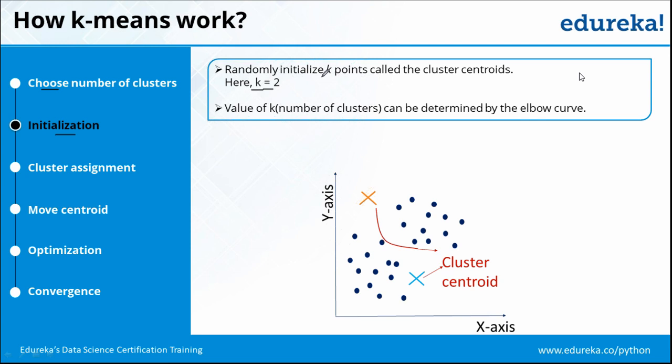If the value of k is 2, meaning I have to form 2 clusters, then the first thing I will do is take 2 random points, right? Take 2 random places in my coordinate system, which would be known as my cluster centers, for example.